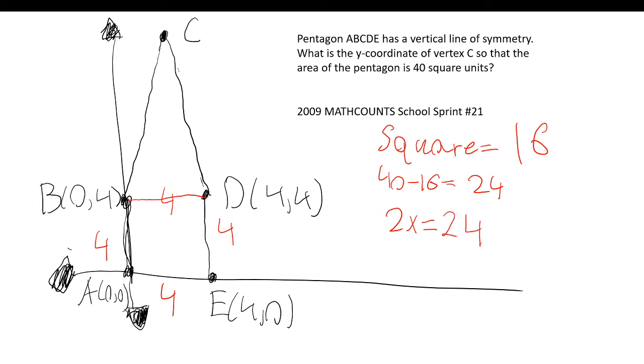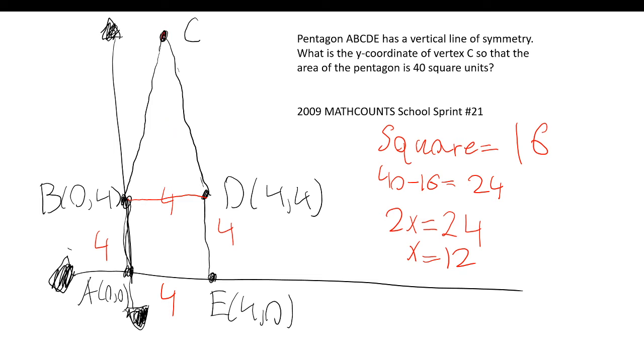So the area of the triangle must be 24, so then x is just 12. That means this height must be 12.